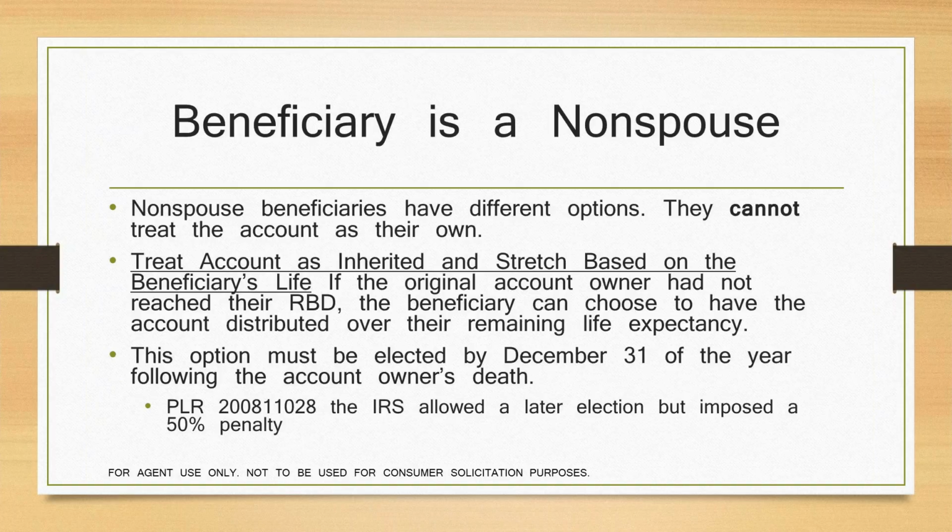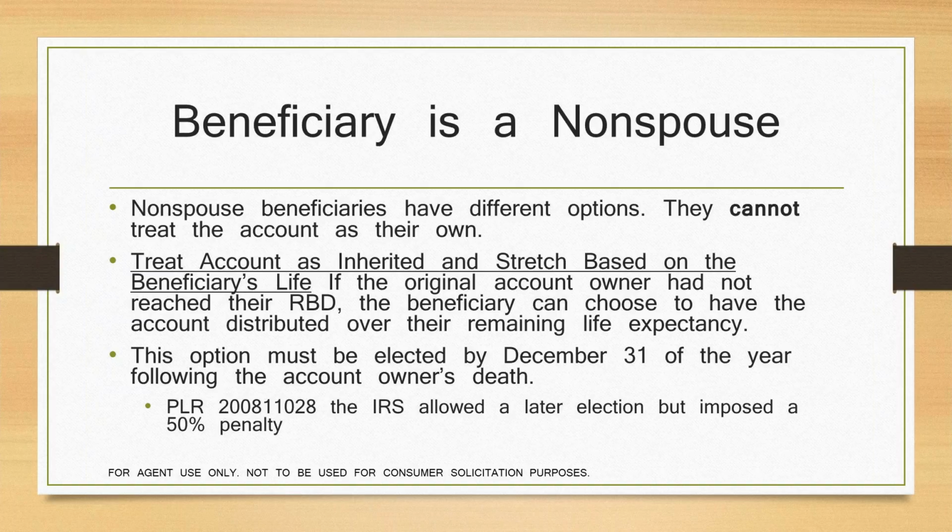For non-spouse beneficiaries, they have much different options. The most important difference is they do not have the ability to treat an inherited qualified account or inherited IRA as their own account. They do have the ability to stretch based on life expectancy. That works assuming the beneficiary is younger.